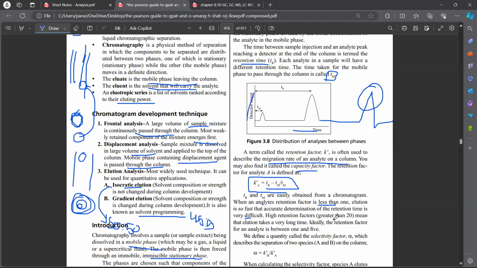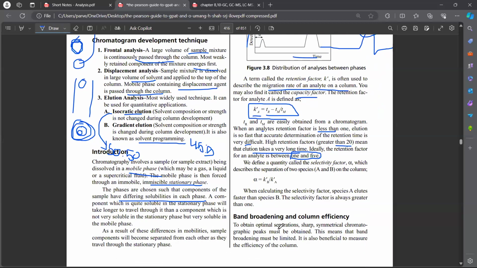High retention factors, greater than 20, mean that elution takes a very long time. So the retention factor, which is k, should ideally be between 1 to 5. It should not be very low, and not very high.